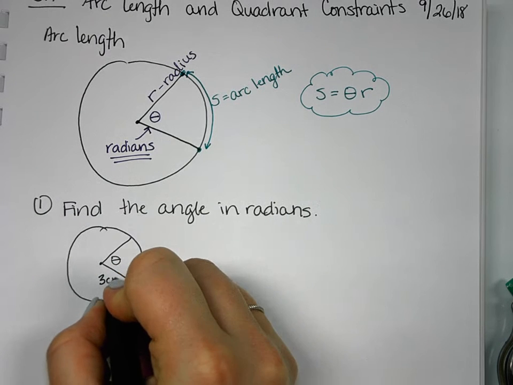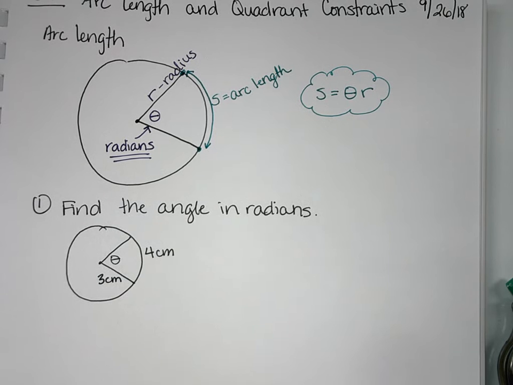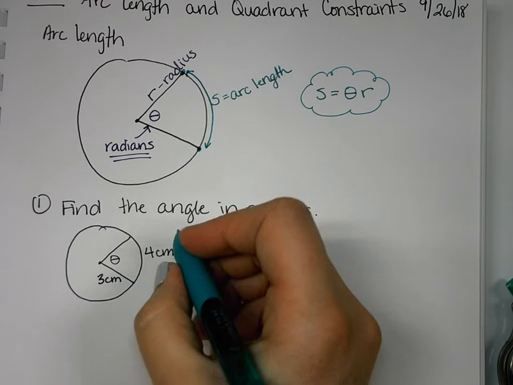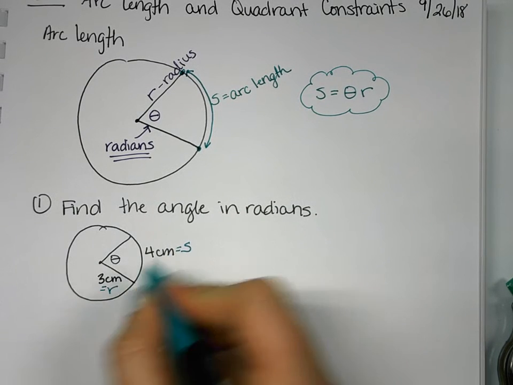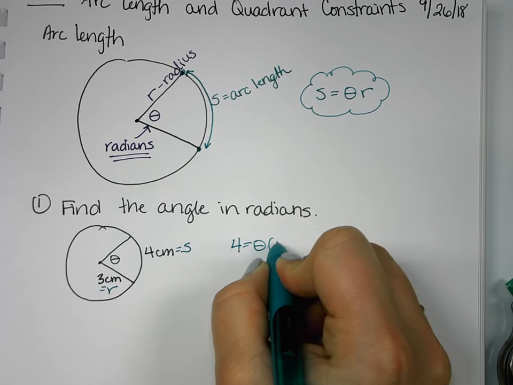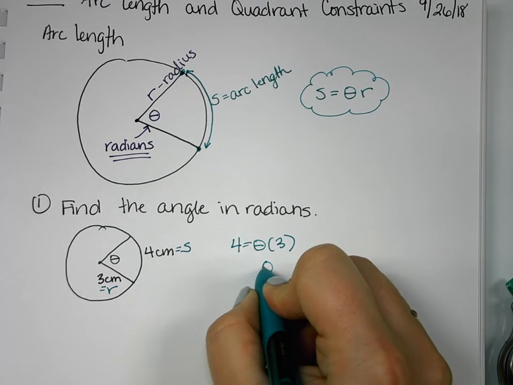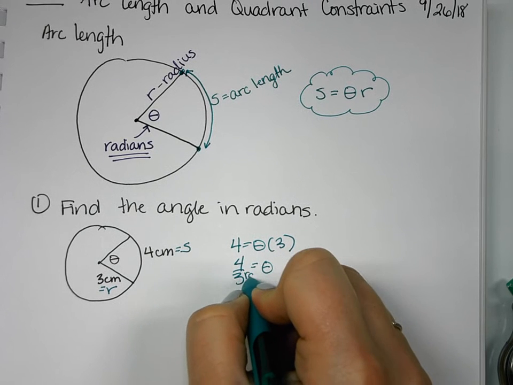The radius we're told is 3 centimeters and our arc length is 4 centimeters. So if we're going to try to find theta, this is our S, this is our R, so 4 equals theta times 3, so theta would equal 4/3 radians.